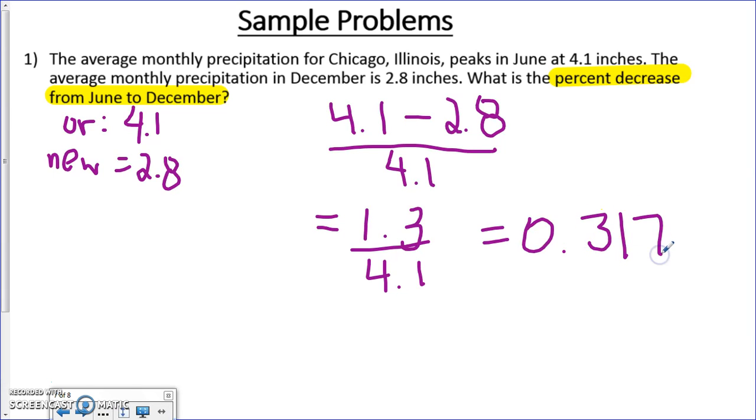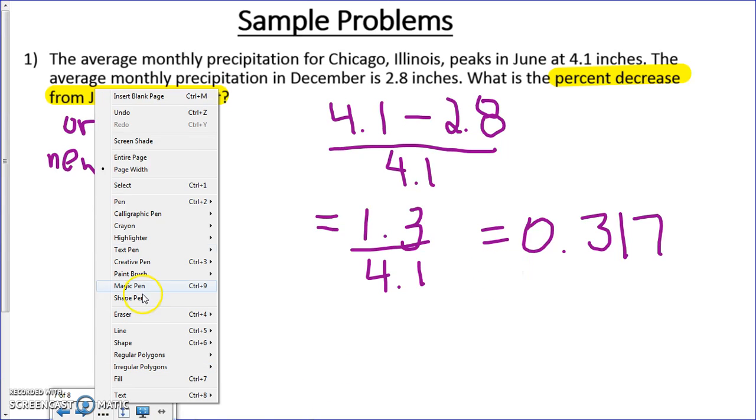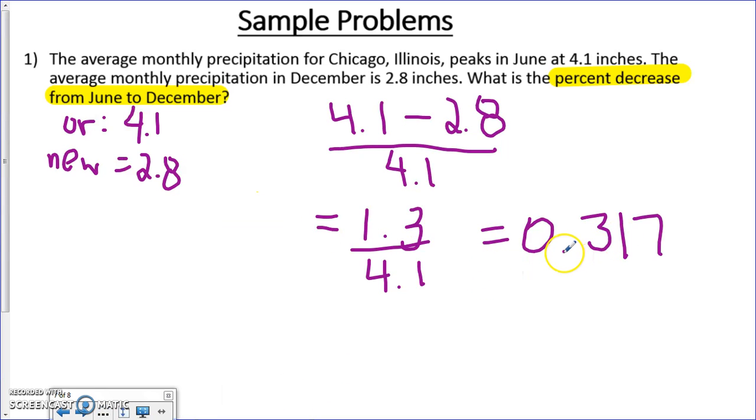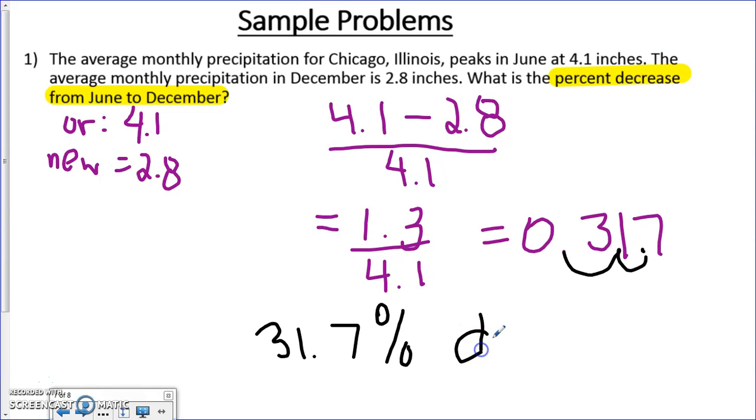However, it's asking us for a percent decrease, so we need to turn that into a percent. Move this decimal point to the right 2 decimal places, so it's roughly 31.7% decrease. Or if you want to get fancy, you can say something like, the average monthly precipitation for Chicago, Illinois decreased at a rate of 31.7% from June to December.